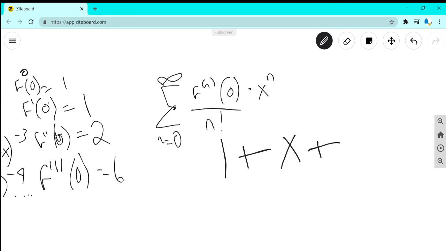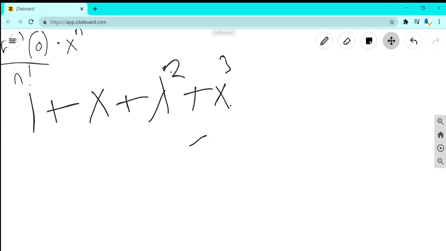Then n equals 2, so that's going to be 2 divided by 2 factorial, which is 2, times x to the second, so that's x to the second. You may see a pattern here, but let's keep going until we get there. The third derivative is 6 divided by 3 factorial, which is 6, so 6 over 6 times x to the third, which is just x to the third. So you can see our series is just a continuation, going on to x to the infinity.